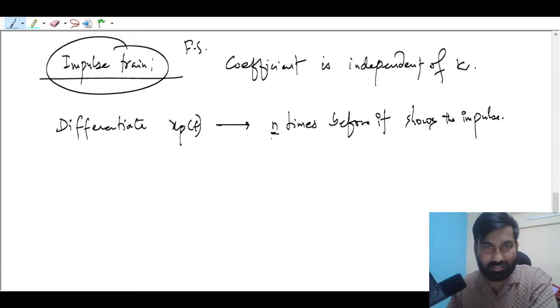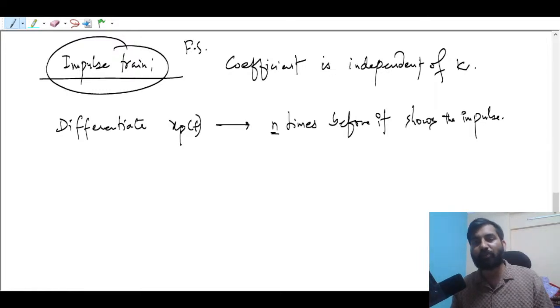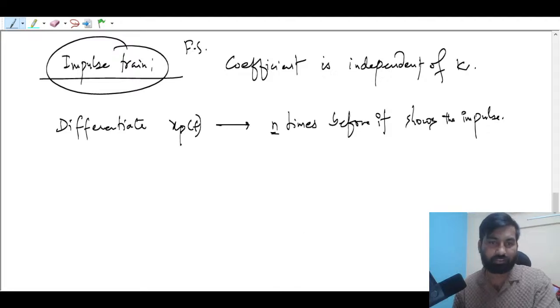This n is the value such that ck is proportional to 1 by k to the power n. So how many times do you differentiate a signal or waveform so that you get an impulse? That is the idea behind finding this n. Remember, this is an important concept.